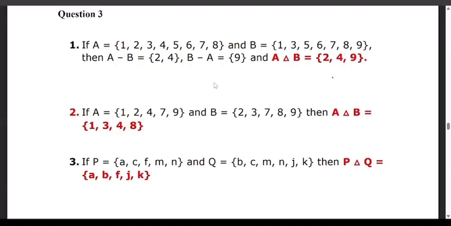The moment you have your A relative B and B relative A, and somebody asks you to find that, that is what we call the symmetric difference. I need you to pay attention now.